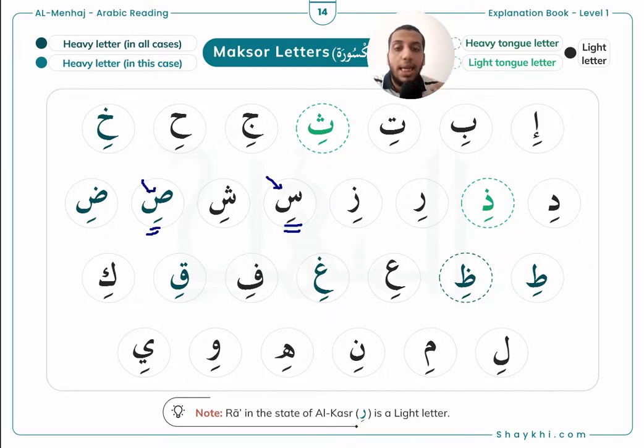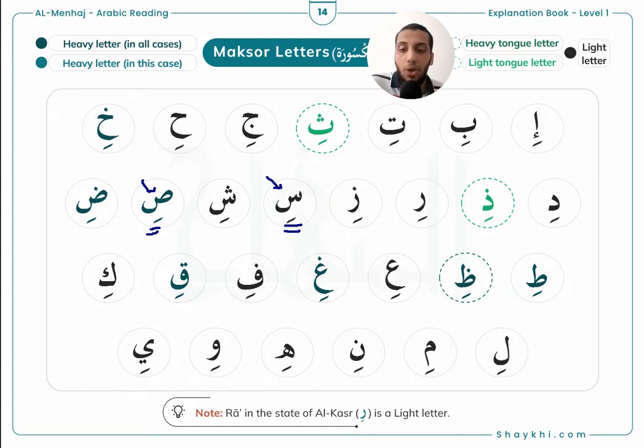The difference is that the back of the tongue is raised when we pronounce the heavy letter.